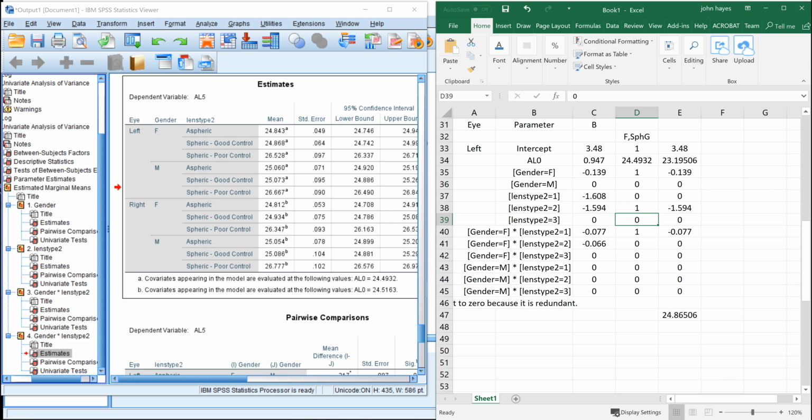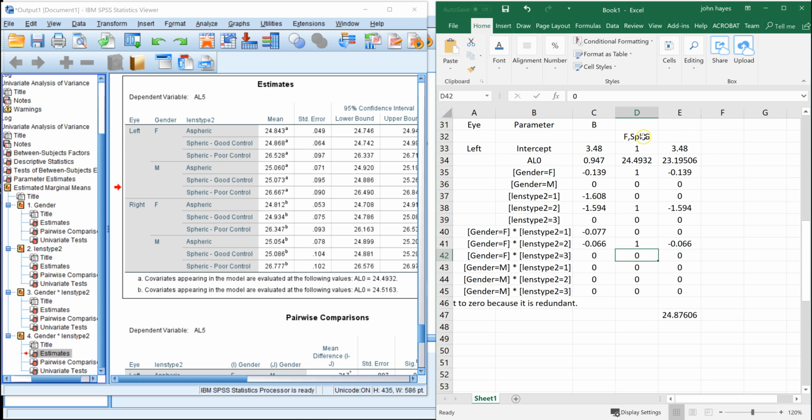Down here we have gender female aspheric is 0, and gender female, lens type 2 is spherical good, which is a 1. And now our number is 24.87. Female good, 24.868. So if you round that off, that's pretty close too.